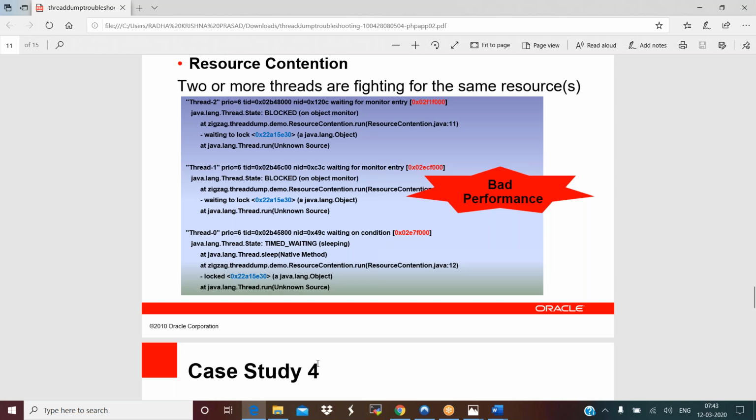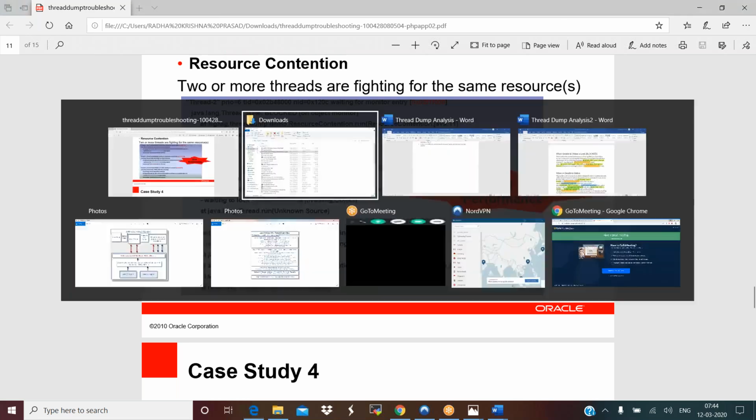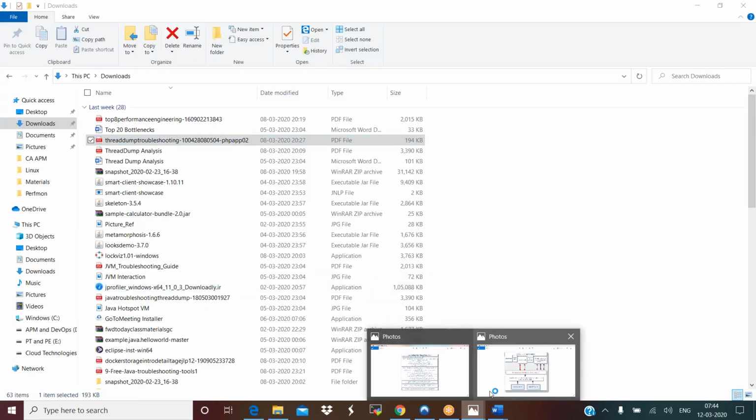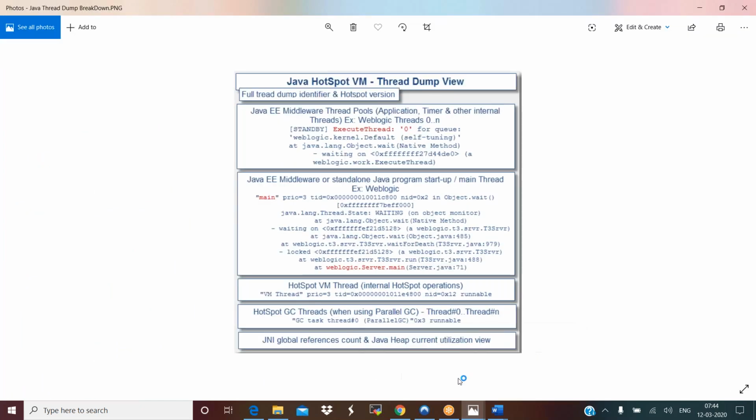You will understand all these different areas, but it will add more expertise when you start analyzing more thread dumps. It's not just taking it. Once you take the thread dump, you need to analyze it. You need to look at all the thread dump parts, what it is doing, and how each thread is working.